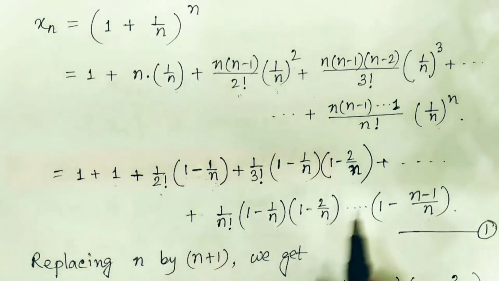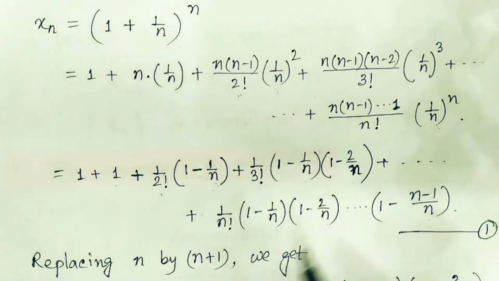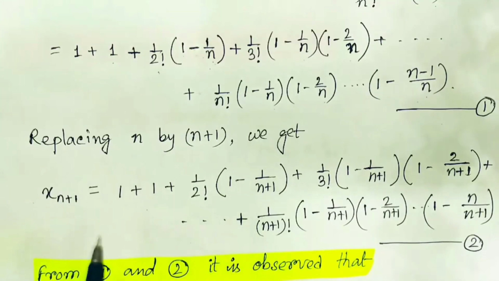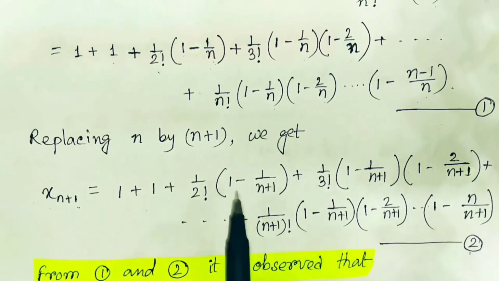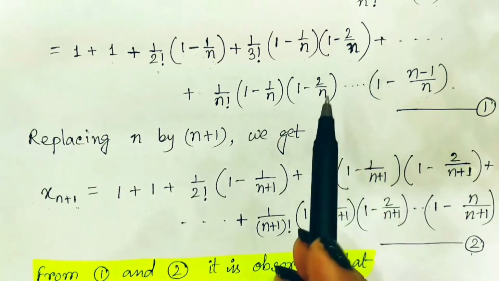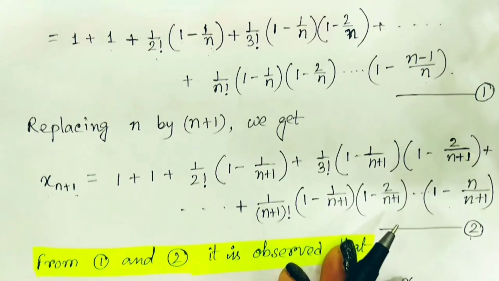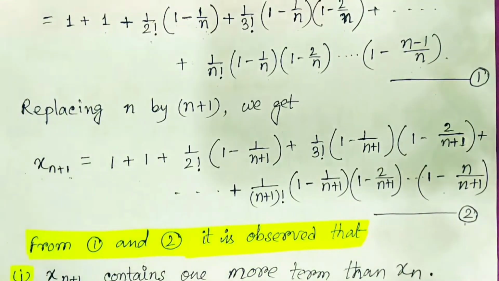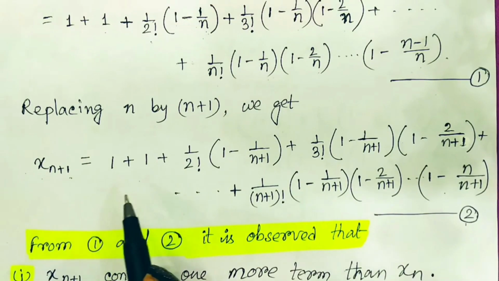Now, in equation number 1, if instead of n we substitute n plus 1, then we will get xn plus 1. That is our equation number 2, just by replacing wherever we have n with n plus 1. From equations 1 and 2, it is observed that in the second equation one term is extra.